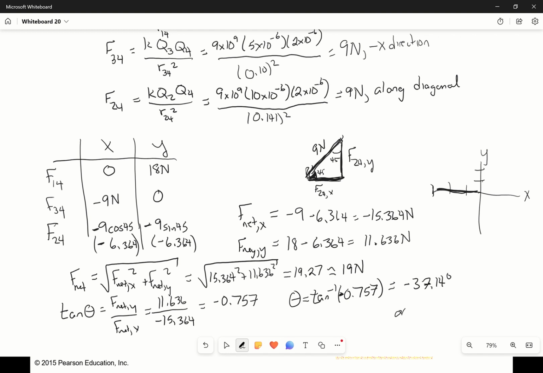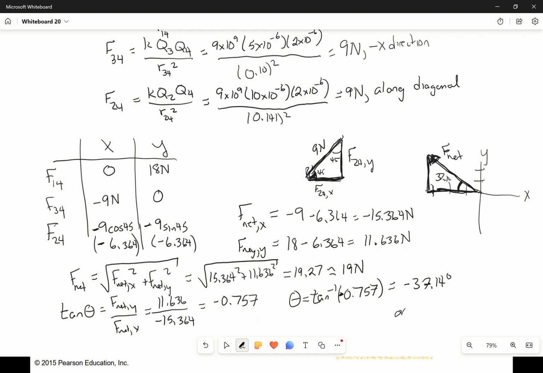So back 15 point something, up 11 point something. So it's something like that. So there's my net force vector. Okay, so it gave me an angle of 37 degrees. What angle looks like 37 degrees in that picture? Well, probably that one in there.